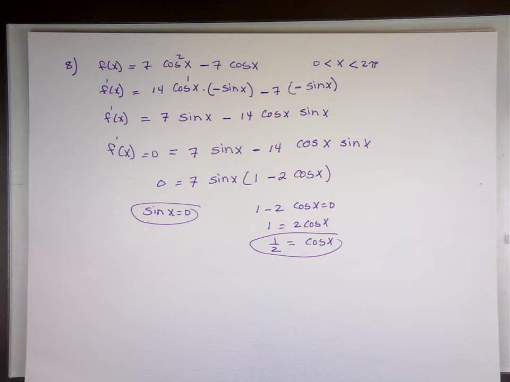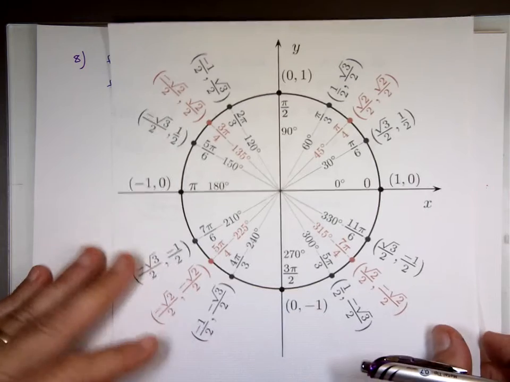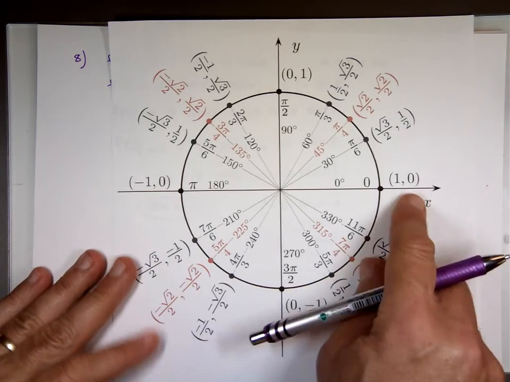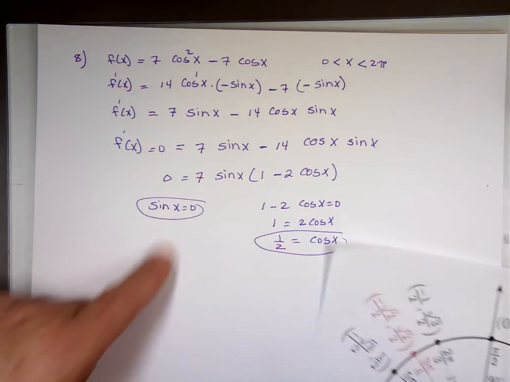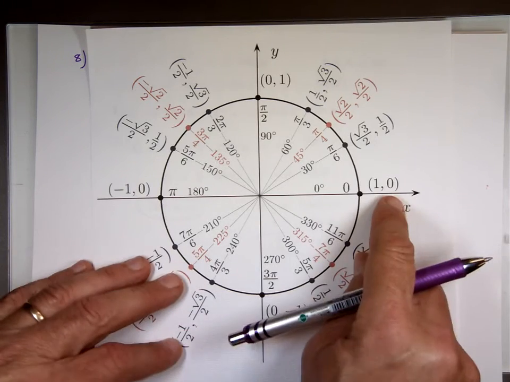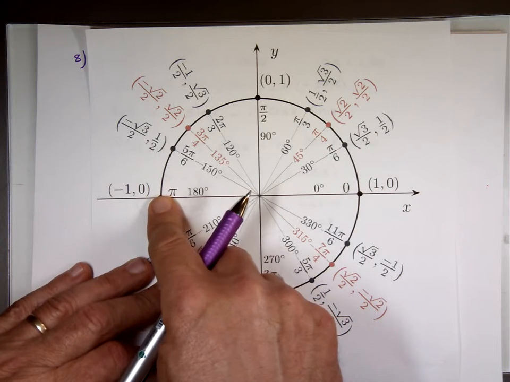Let's begin with the sine. Where is the sine 0 between 0 and 2 pi? You can't count the 0, you can't count the 2 pi, because it says the open interval from 0 to 2 pi. The sine is 0, that's the second number. Oh, I can't count the 0. Oh, it's pi. So the answer to this is pi.